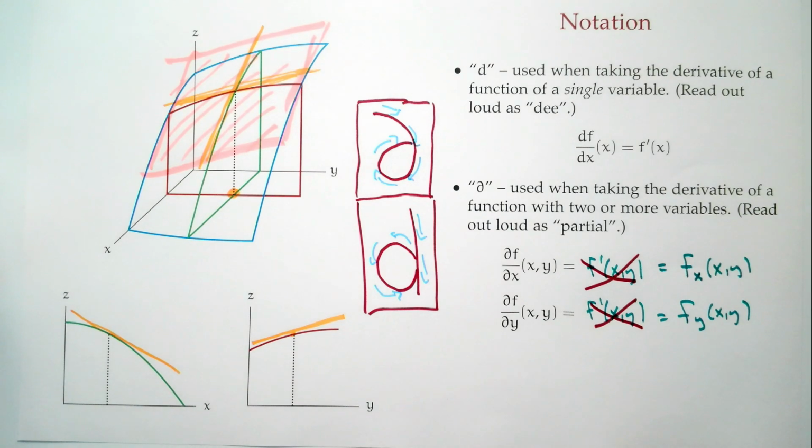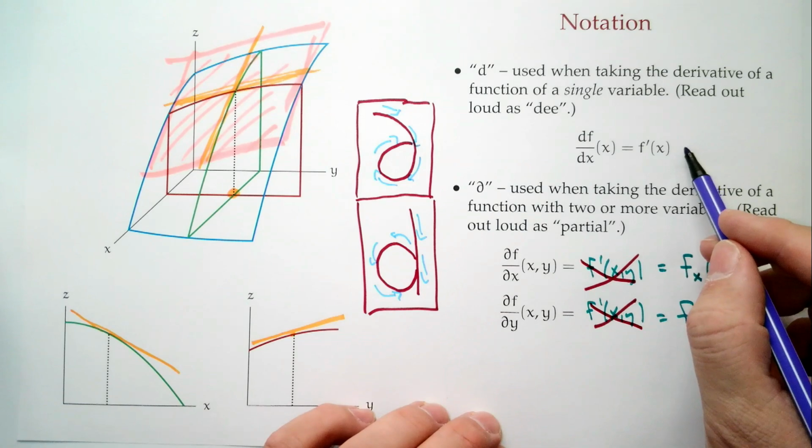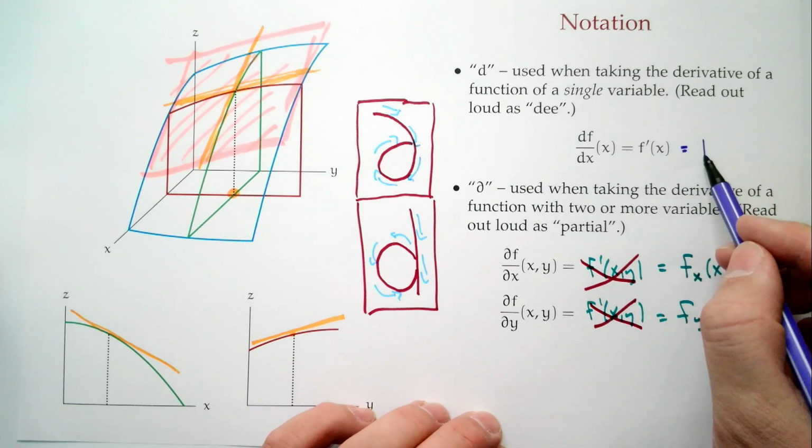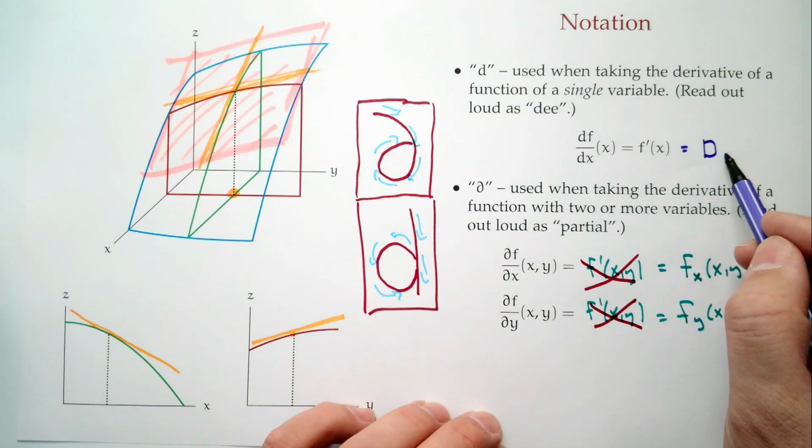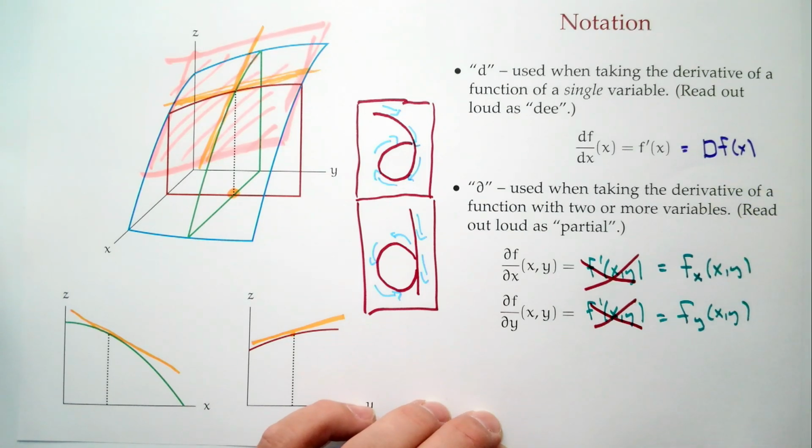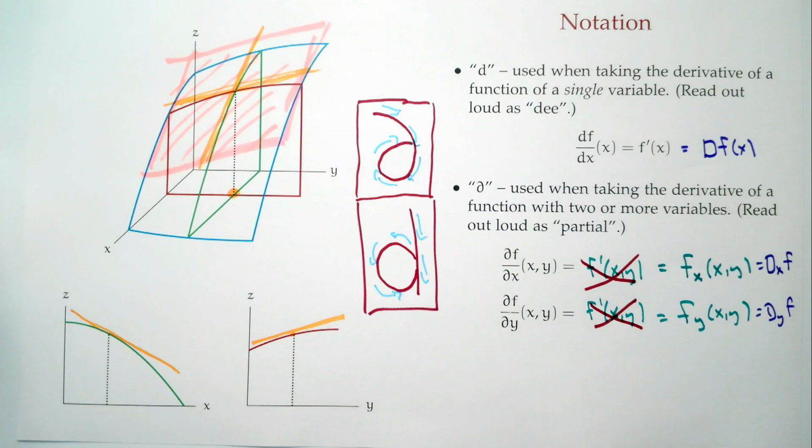All right, good. Now I will say there are other notations that do exist. We won't use them terribly much. One notation you sometimes see is a capital D to stand for derivative. So when you're dealing with functions of multiple variables, you would add some notation. For example, you could say d sub x of f and d sub y of f. Generally speaking, you just add something to indicate what kind of derivative you took.